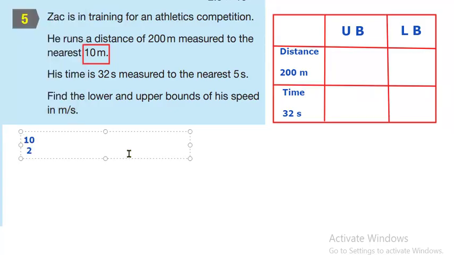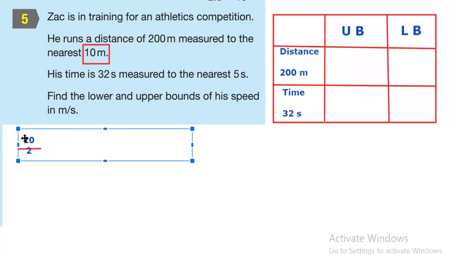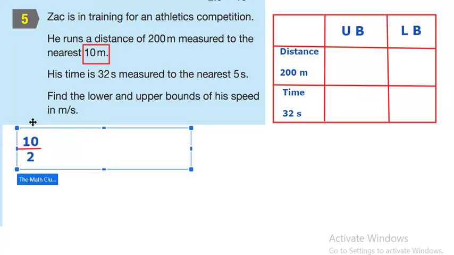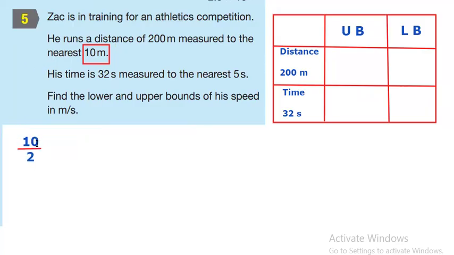As we said before, we always divide by 2 to find the absolute error. First, let's put the line and make this bigger, okay, so we can see it. So first thing we did, we divide the 10 by 2, and it will equal 5.